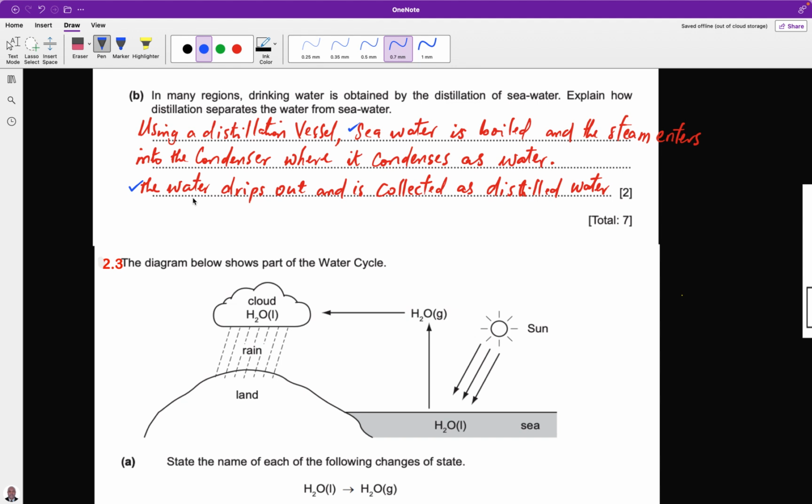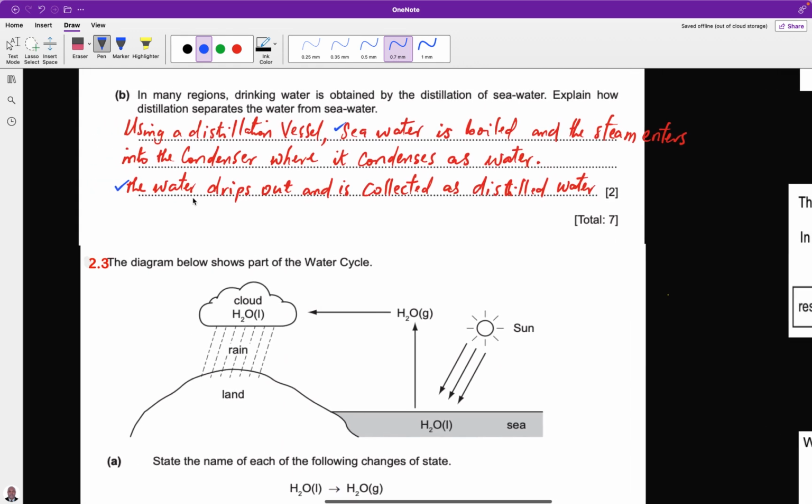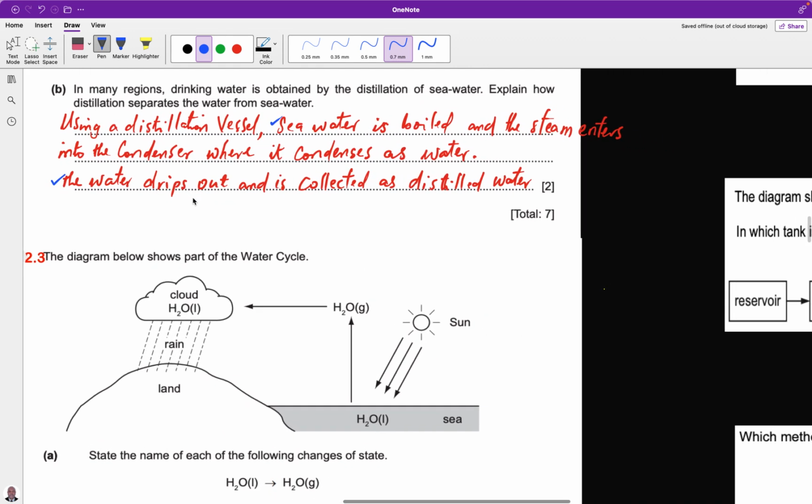Explain how distillation separates the water from seawater. Distillation is another method of separation of 2 liquids. So this is how you can do it. And this is when the liquids have different boiling points.